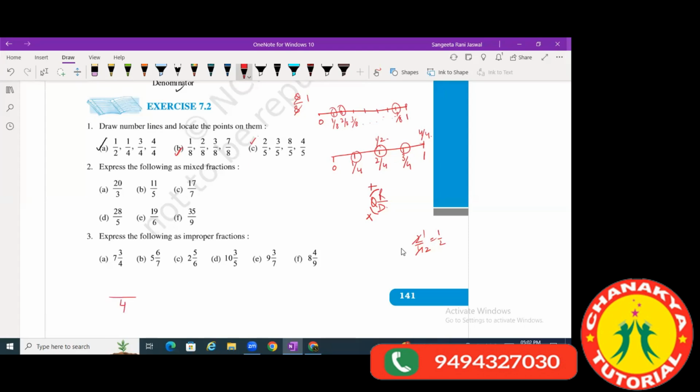The denominator will be as it is. 7 4s are 28. 28 plus 3 will be 29, 30, and 31. So that will be 31 by 4. Okay. Then the denominator will not change its place. Okay. So carry on, please do.